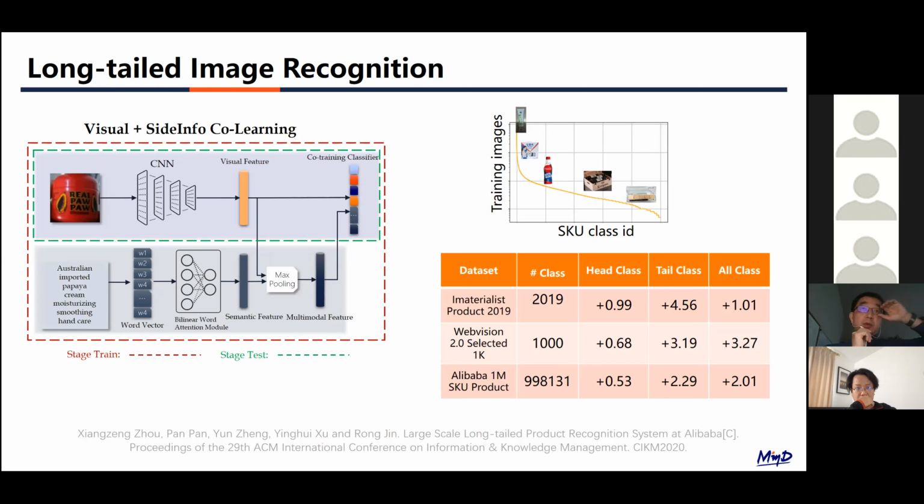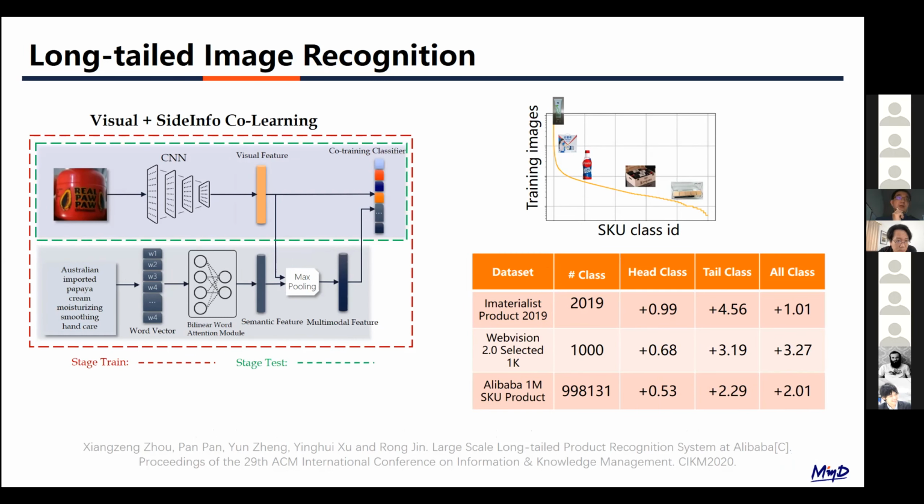In order to address this problem, we again leverage the side information. We come up with two representations for each of the images. One is the visual content, and the other is the representation coming from the text description. It turns out that by nicely combining these two representations together, it actually gives us a significant boost for the images on the tail.